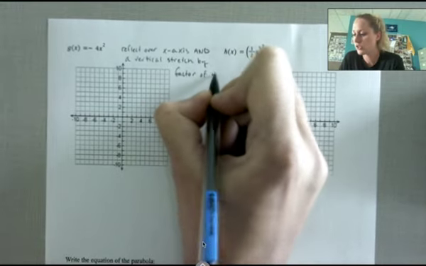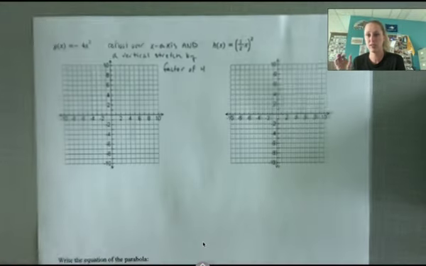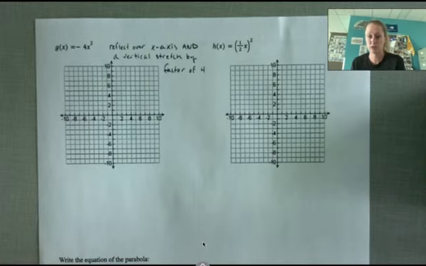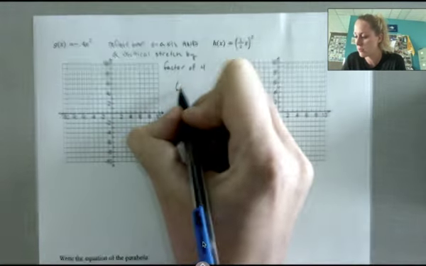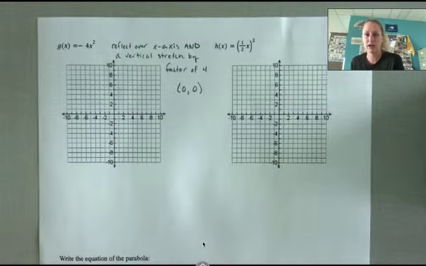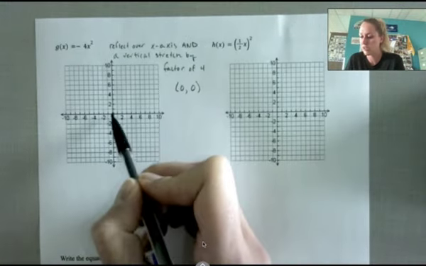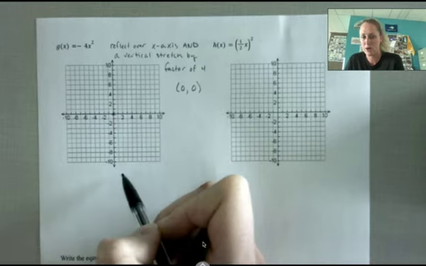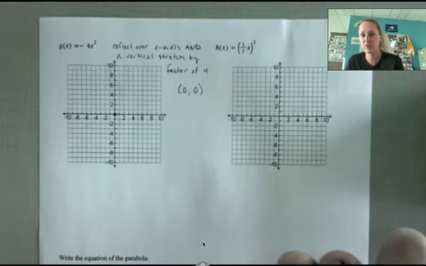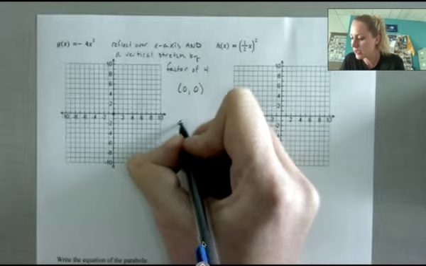So since there is no adding or subtracting in the parentheses and no adding or subtracting outside the parentheses, the vertex has not moved. There is no left or right transformation, so the vertex is still 0, 0. The reflection now means that my parabola is going to open down, and it has a vertical stretch factor of 4.